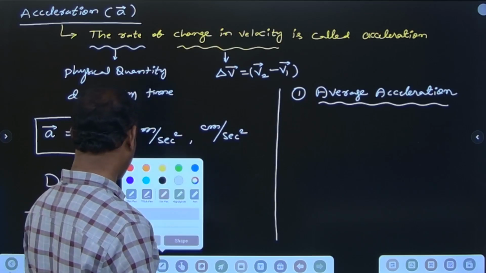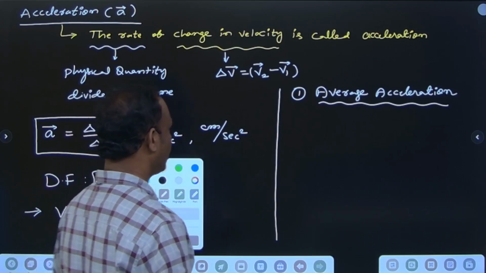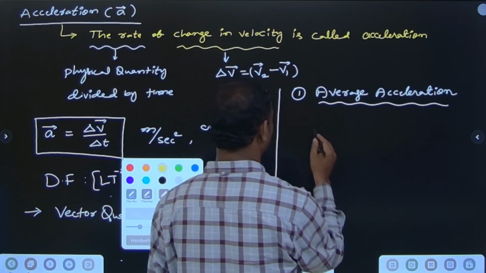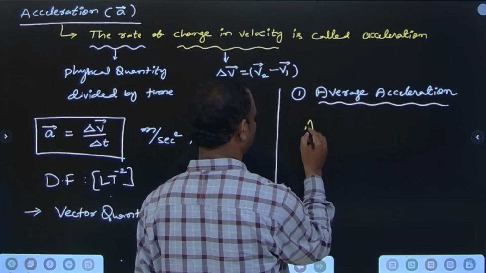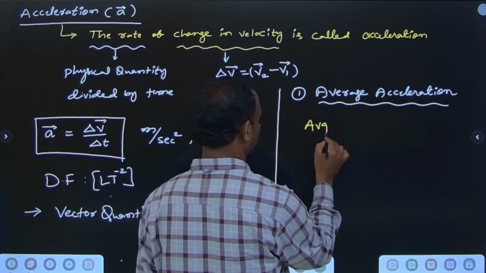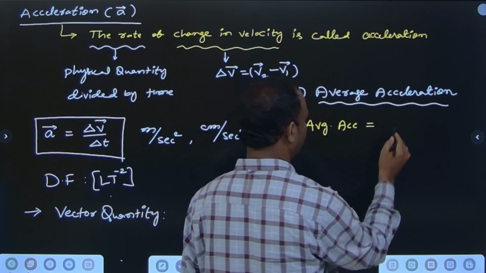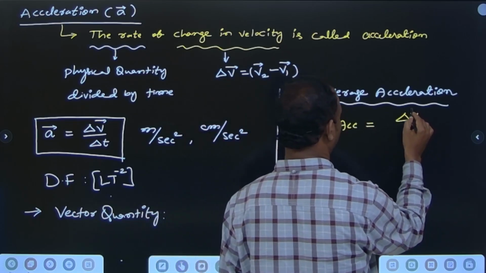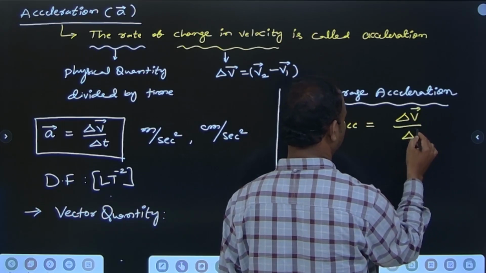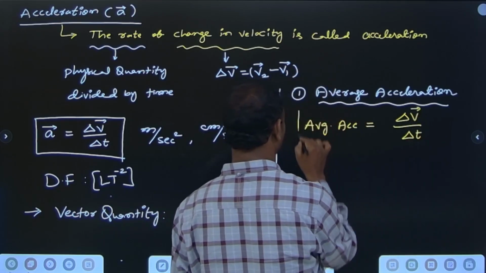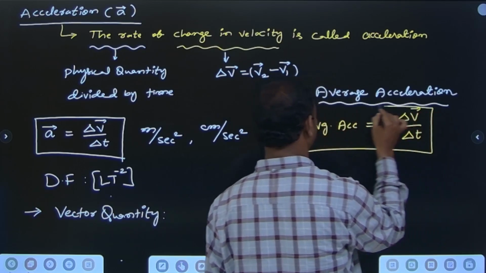So what is average acceleration? Average acceleration is equal to delta v bar by delta t.